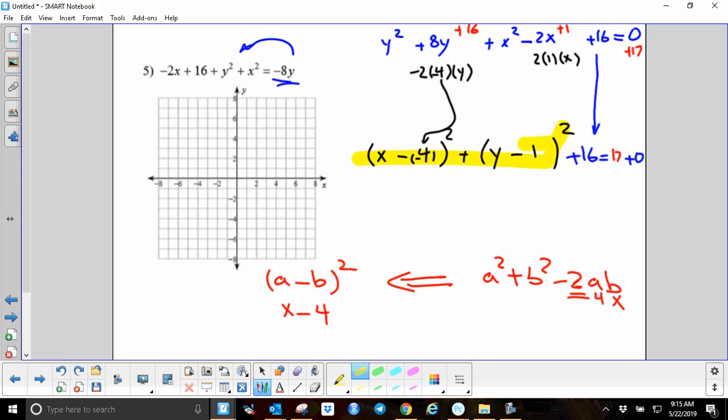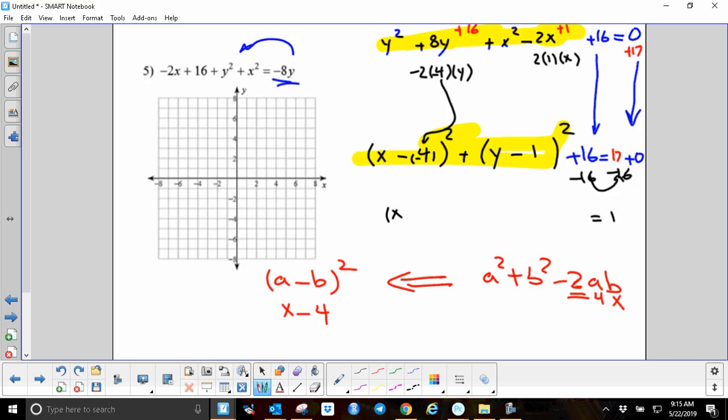All of this is this. To the 16 on the other side, 17 minus 16. Or if you want to add minus 16 from both sides, you'll have 9.